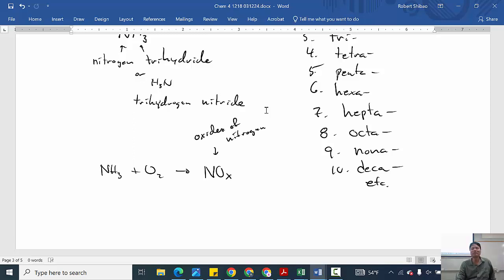And what else are we going to form? H2O, oxides of hydrogen. This one we already know. And so what are some examples of oxides of nitrogen?